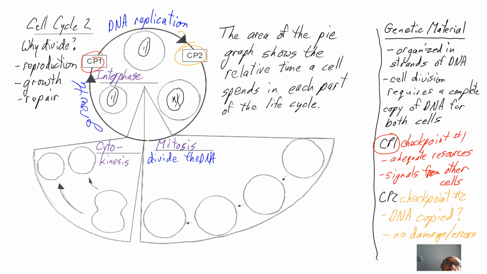And so the very first one, and I'm going to write their names on these, are prophase, and then metaphase, anaphase, and then telophase. A lot of people keep the order correct by using the acronym PMAT. P-M-A-T, PMAT.